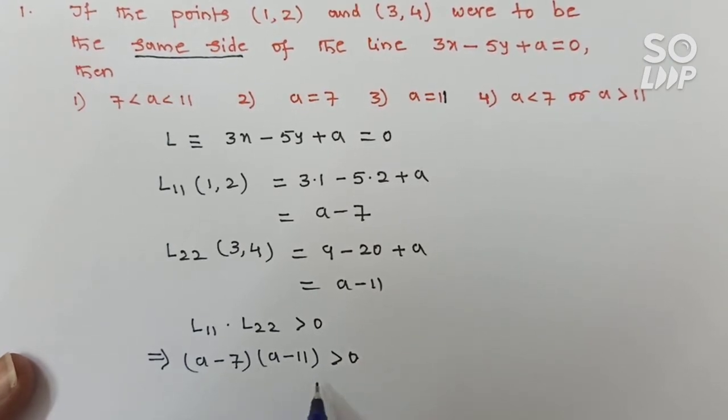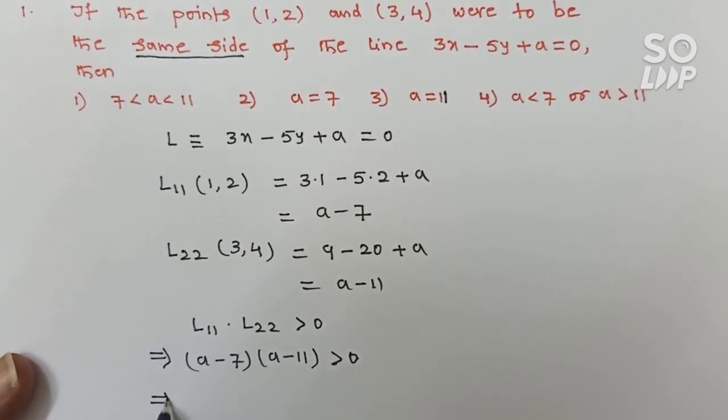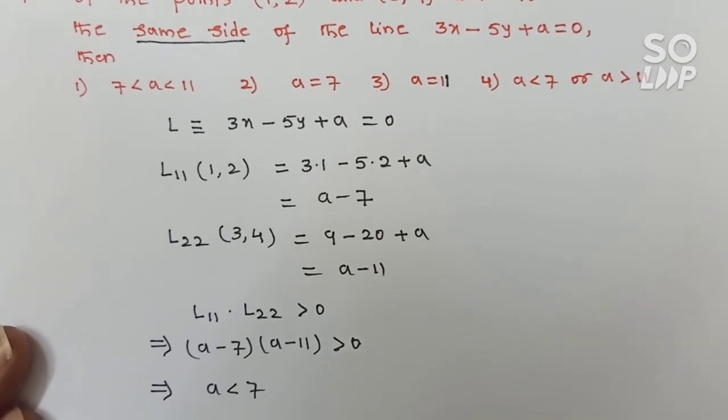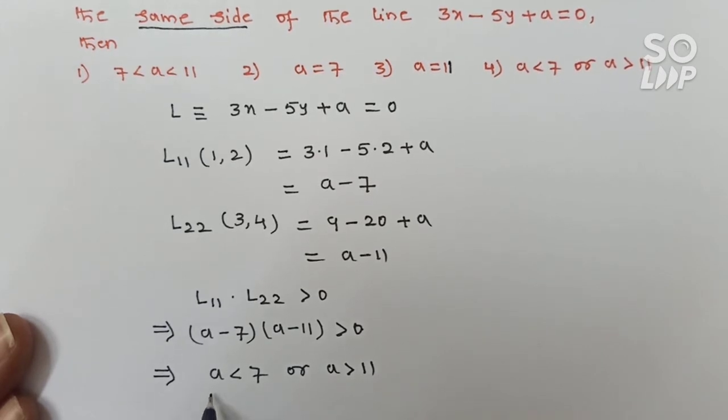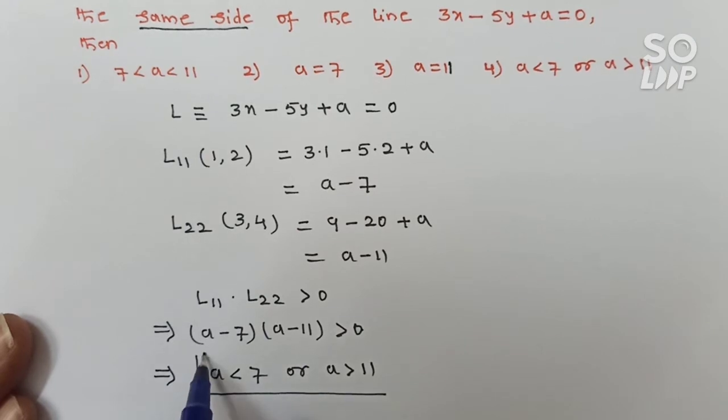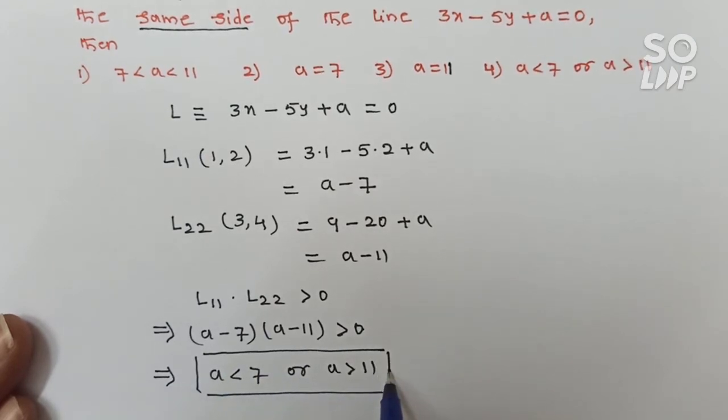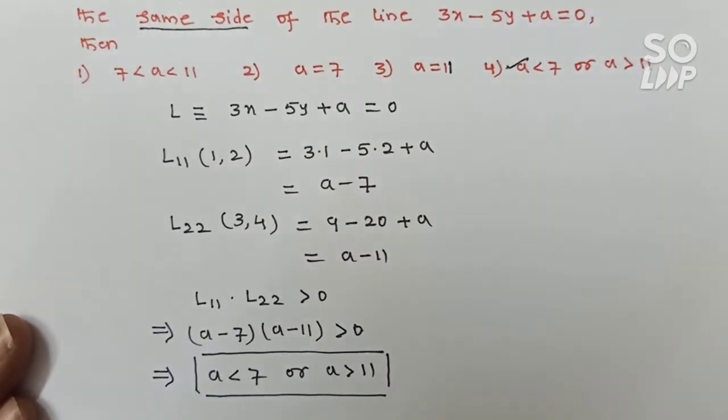By using the wavy curve method, you can write that a is less than 7 or a is greater than 11. So this is the solution. So what is the correct option in the given ones? The fourth option is the correct answer, right?